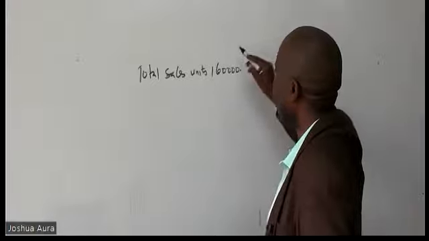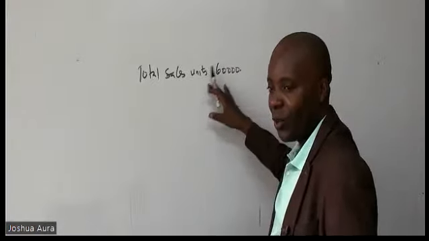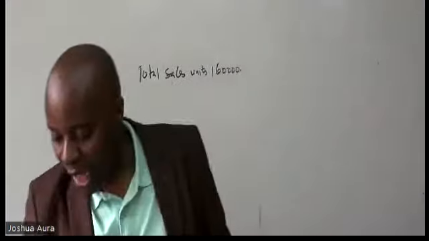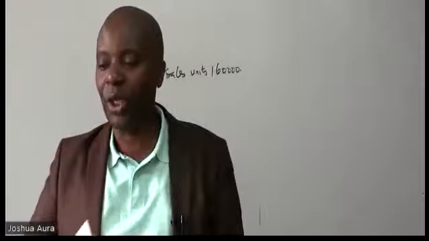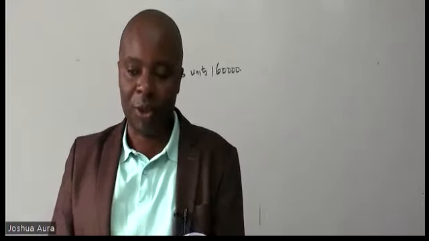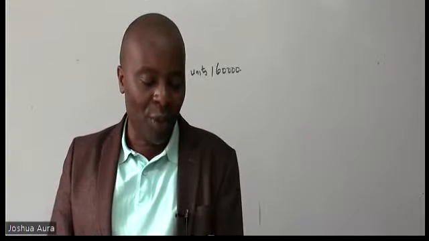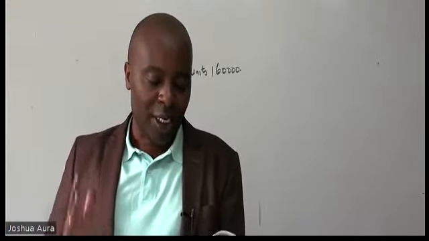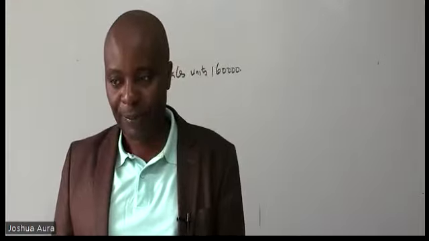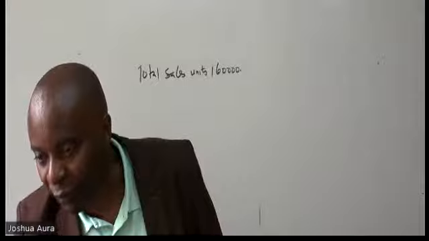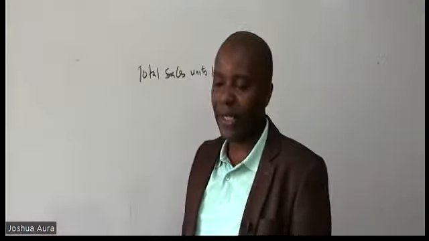So we have here, total sales is 160,000. Where am I getting these total sales units? I'm getting the total sales units here from this table given. They told me number of units here are 120,000 for A, and then B is 40,000. So this total sales, if you add 120 plus 40, that gives us 160,000.